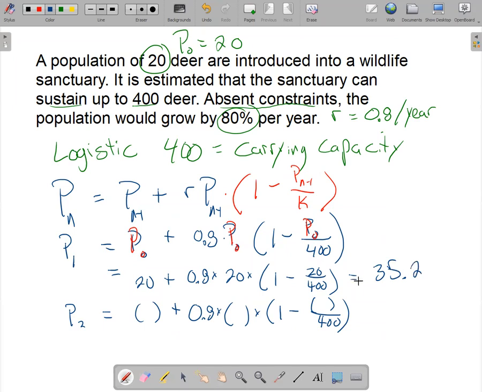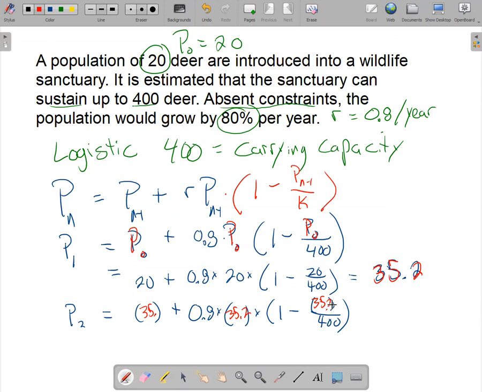And I didn't have to round that often. I'm going to do a wavy equals because the computer or calculator rounded. And then that 35.2 for the next part just gets plugged in to that same process.